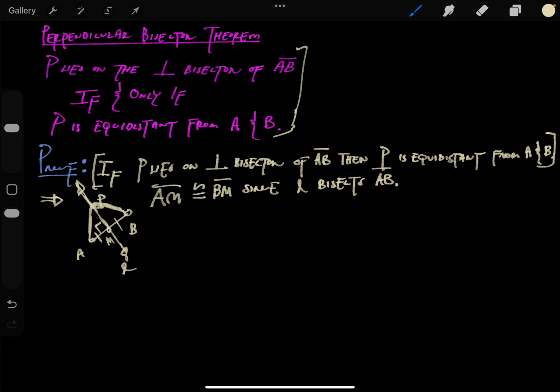Let's call this angle 1 and this angle 2. Angle 1 is congruent to angle 2 since they are both right angles. And PM is congruent to itself by reflexive.